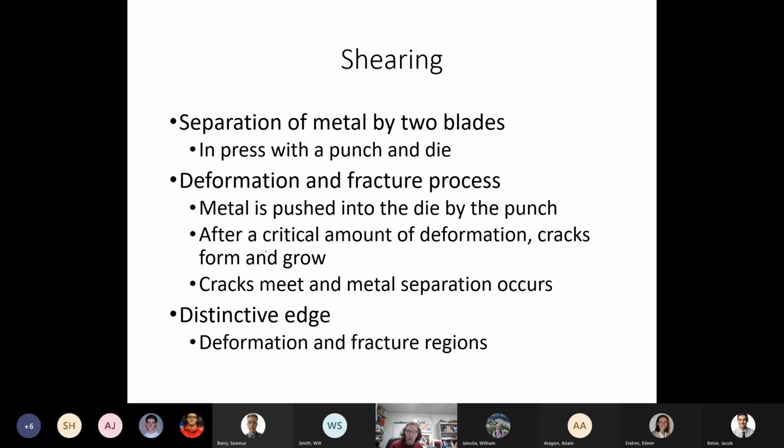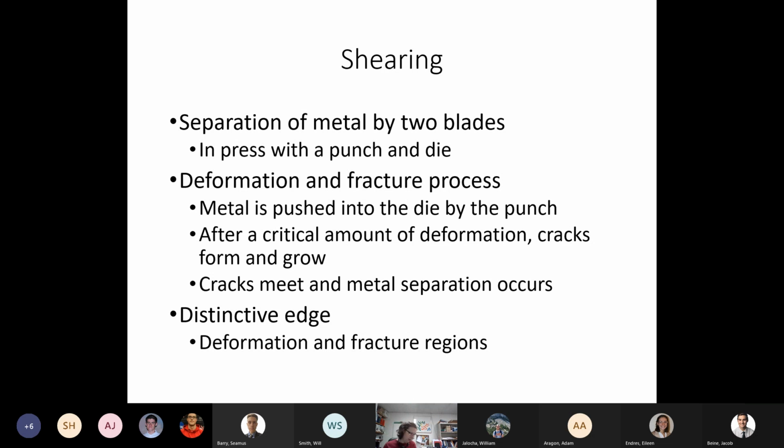So when we look at shearing, we have the metal, the punch comes in contact with the metal, and it starts to severely deform. The metal is pushed into the die by the punch. So the metal starts to flow into the die. The punch is forcing it down.